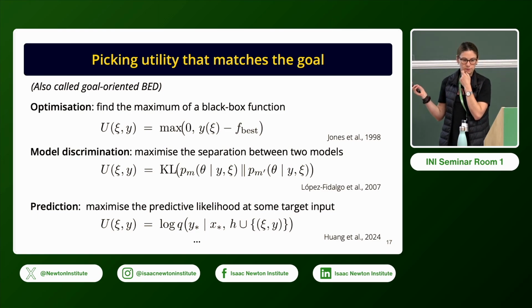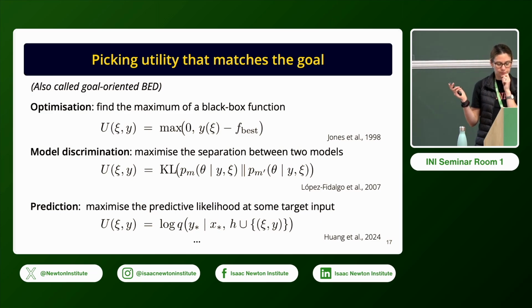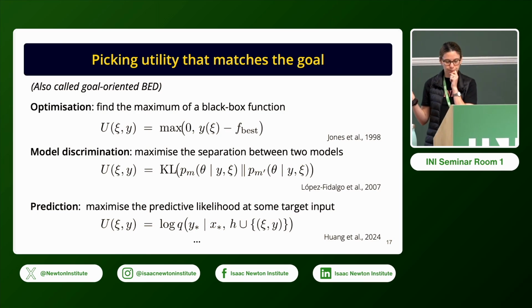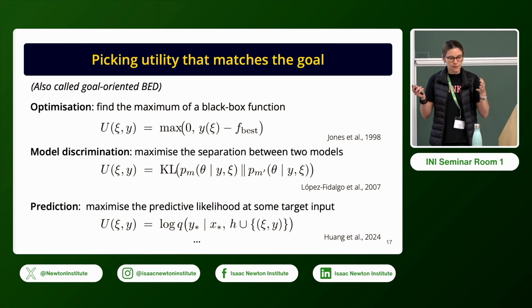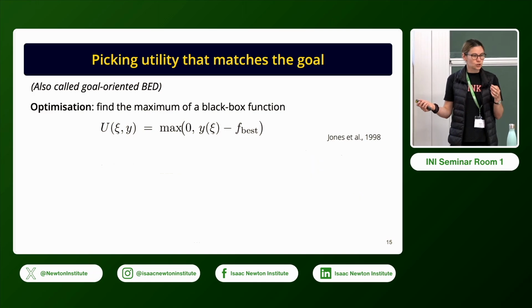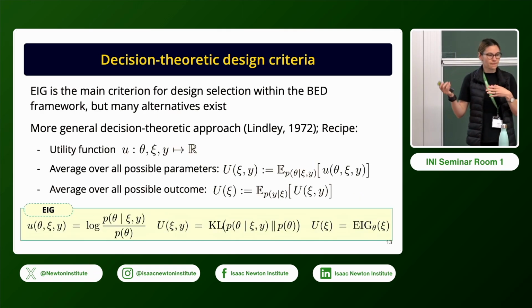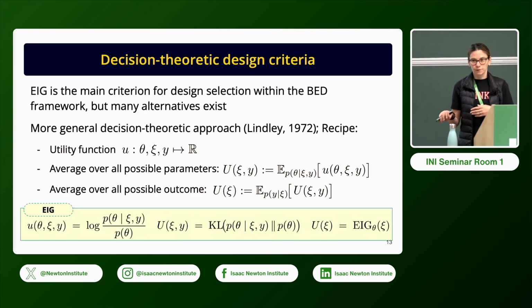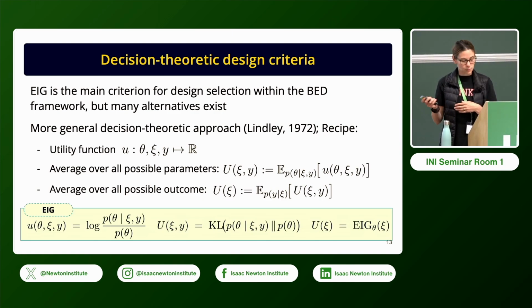So this was done in recent work, and I feel we might be hearing about that work later today, or maybe not. But the group in Aalto had this paper, I think it was ICML last year or NeurIPS last year. So all these things follow under this generalized decision theoretic approach, developed by Lindley quite some time ago.